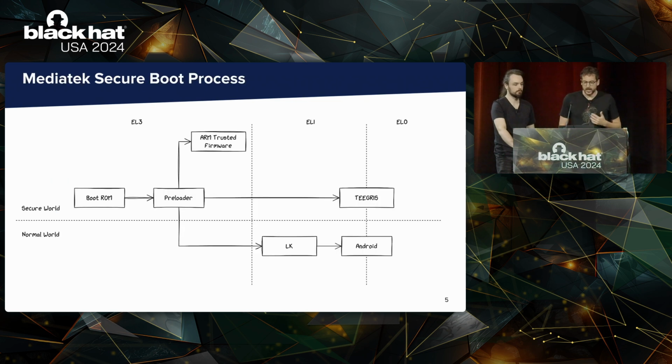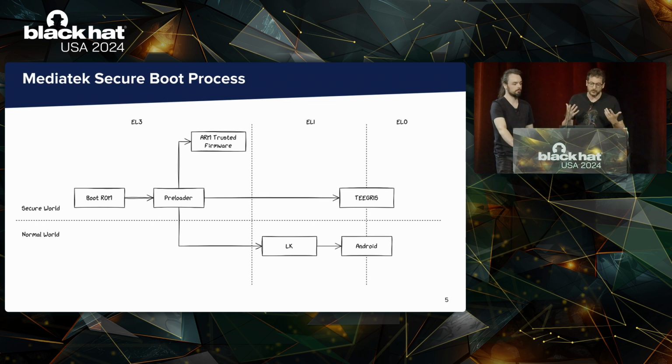Before we get to the actual bugs, we need a bit of background on how the secure boot works on Mediatek systems on chips. When the CPU starts, it will run a read-only piece of code called the boot ROM, and it will run with the highest privileges in the secure world, at the EL3 privilege level. Then the boot ROM will start a second stage bootloader called the preloader, and the preloader will then start the ARM Trusted Firmware, which is also called the secure monitor.